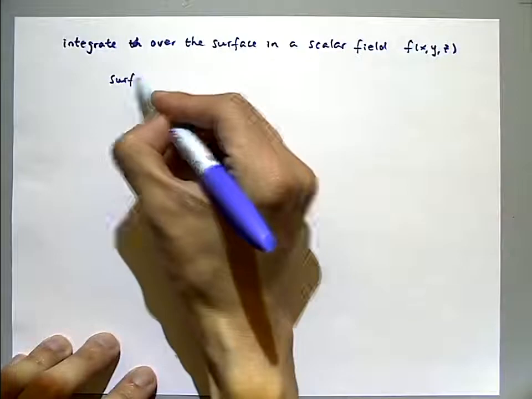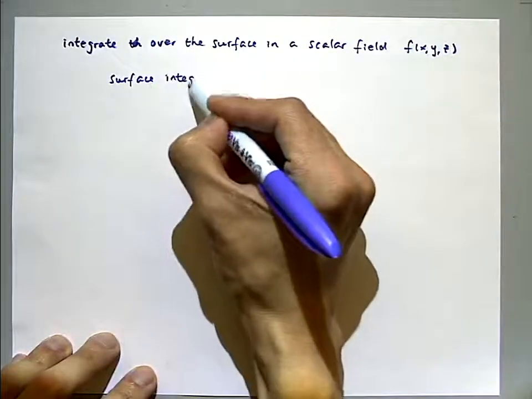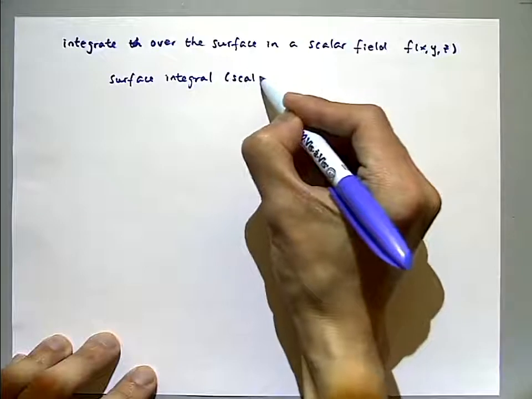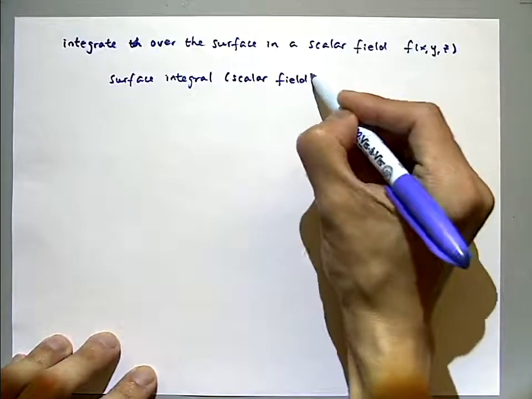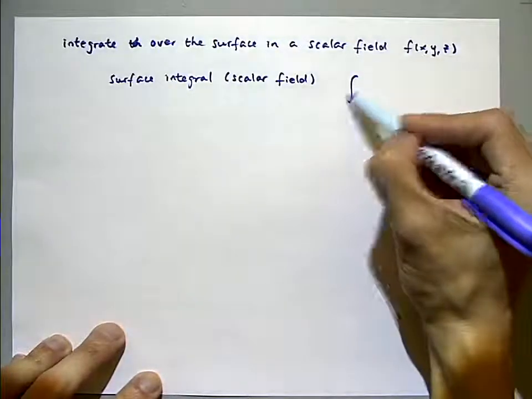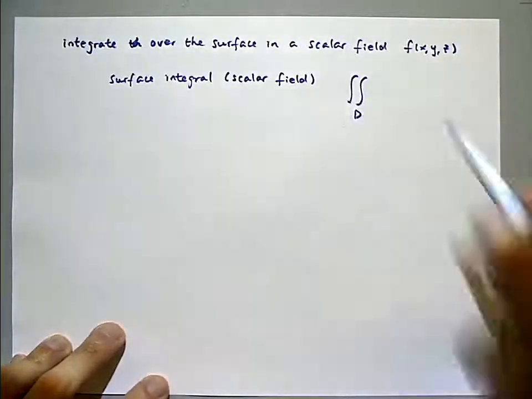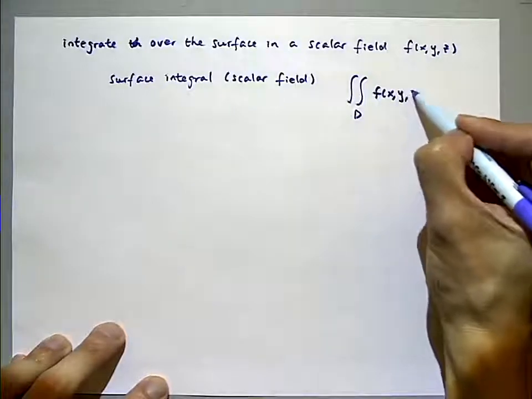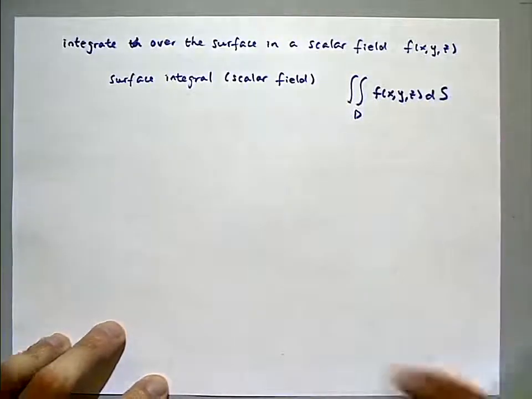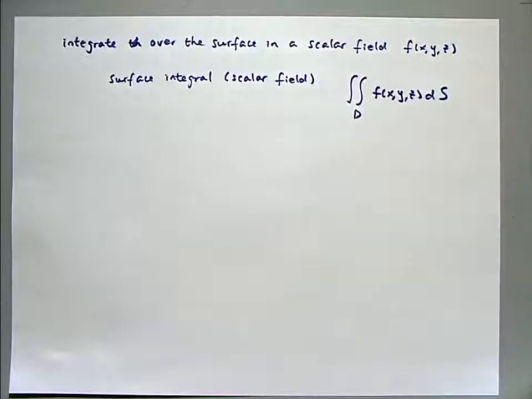So we get a surface integral, scalar field version, which is the double integral over the domain of the parameters f of x, y, z, d big S. So if you can calculate the surface area, you know how to use the parameterization, you know how to find Ru and Rv and cross them, then we're just taking one tiny step beyond that by integrating something other than a 1 along that surface.